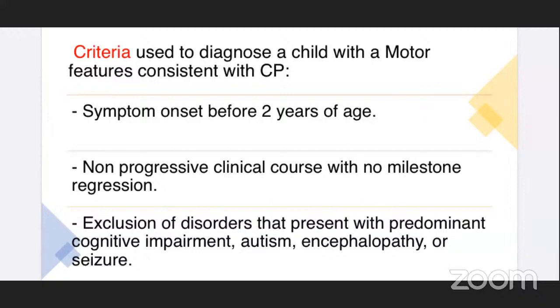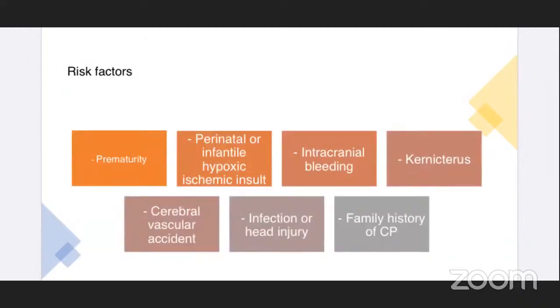We have the prenatal or infantile HIE, hypoxic ischemic encephalopathy, insult, intracranial bleeding, kernicterus, family history of cerebral palsy, infection or head injury, cerebral vascular accident.